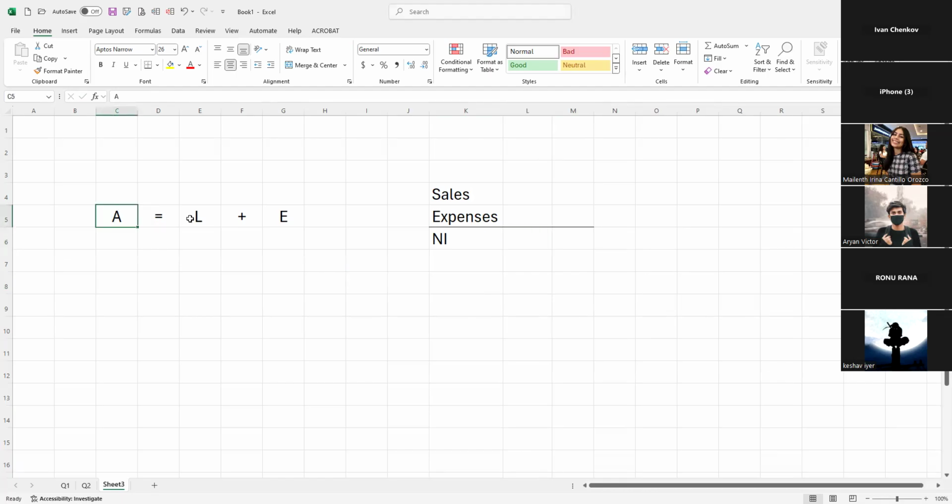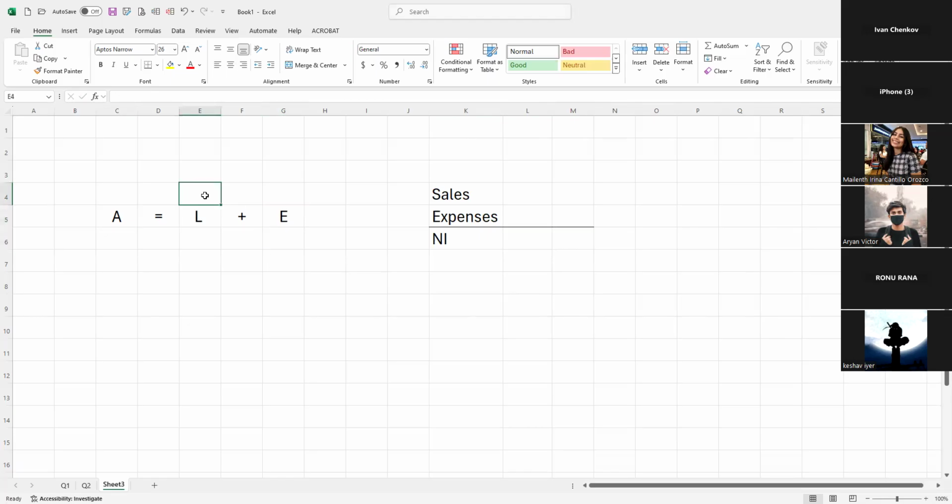You have asset, you have liability, you have equity. From where is the income going to come? From the asset. So which is your capital? Assets.